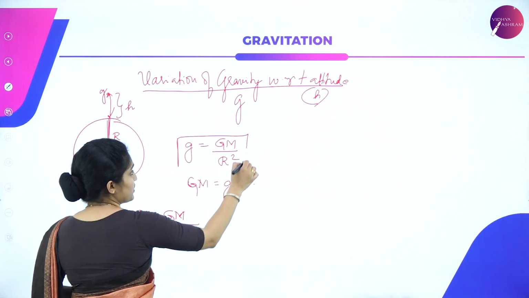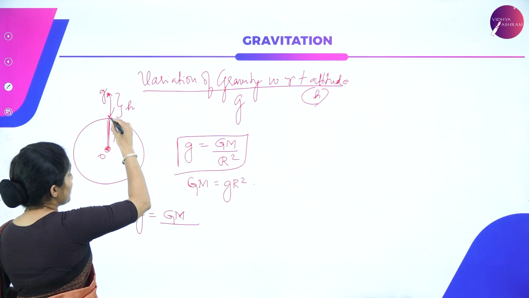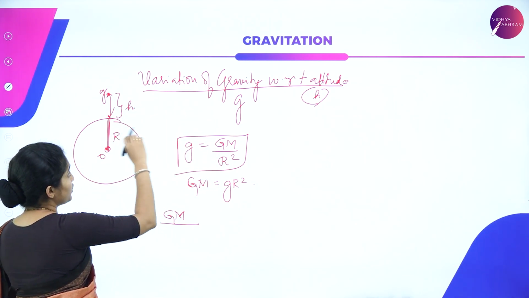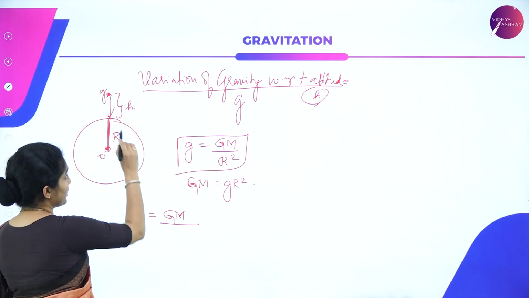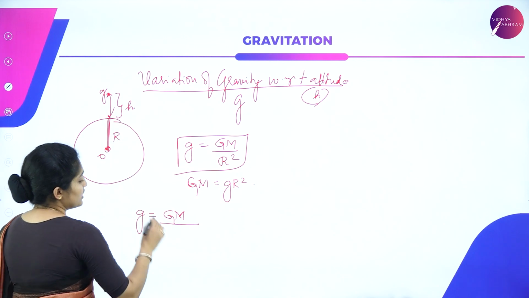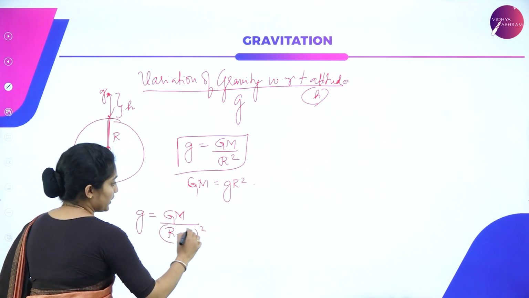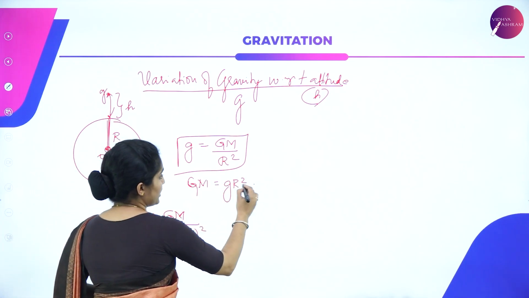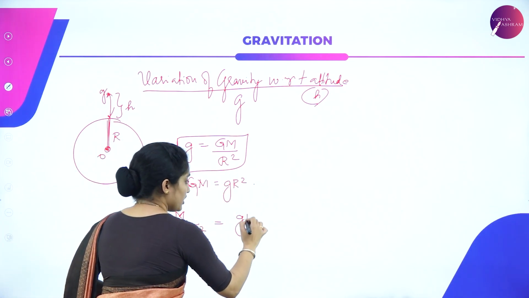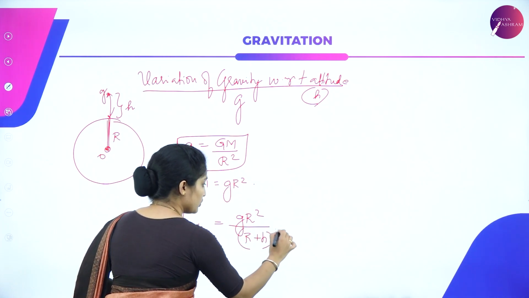This is the general relation between g and G. With respect to r, the total radius we have to calculate is R plus h. At that position, what is the g value? It is GM divided by (R plus h) the whole square. Substituting g R square for GM, we get g R square divided by (R plus h) the whole square.